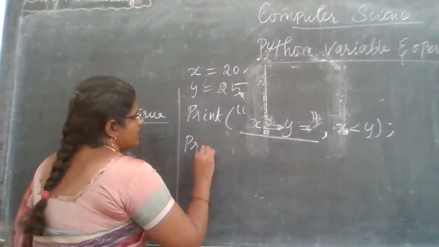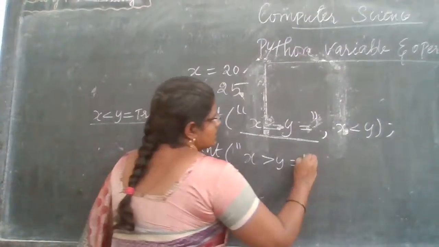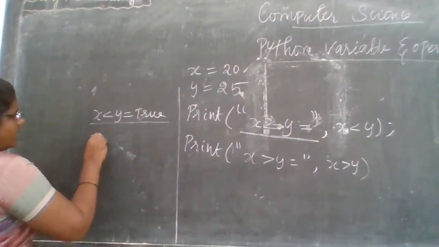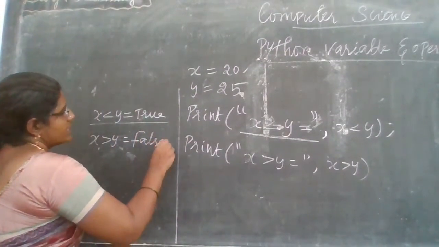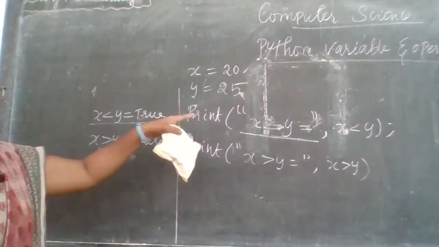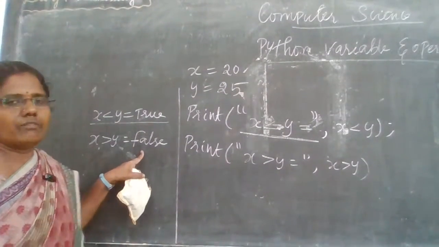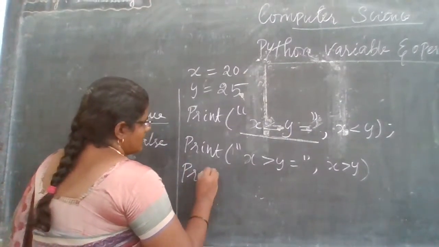Suppose I use the greater than symbol: print x greater than y equal to, comma, x greater than y. The output displays x greater than y equal to false, because 20 is less than 25, so it returns false. The same way we write the remaining operators.